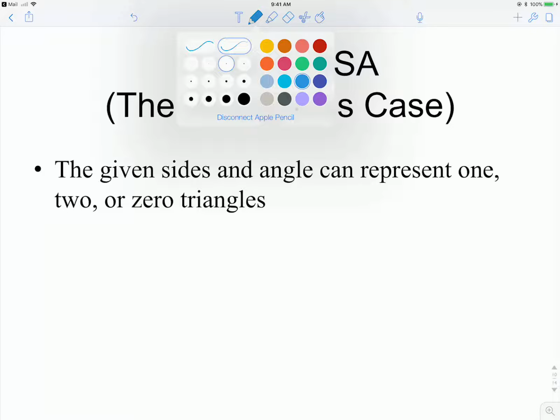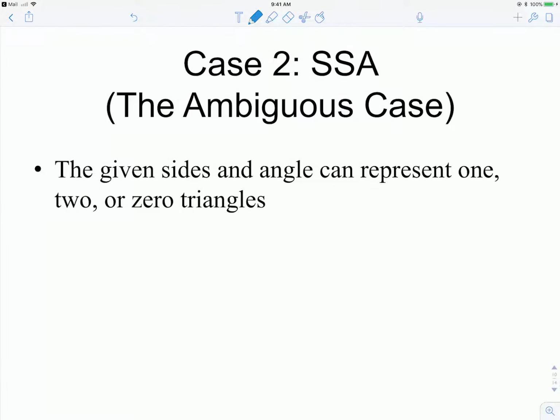I told the class today that I will not ever give you guys, on an assessment, information that results in 0 triangles. So if you end up with the SSA case, then there's either going to be 1 or 2 triangles. I did explain in class today how you could end up with 2 triangles.